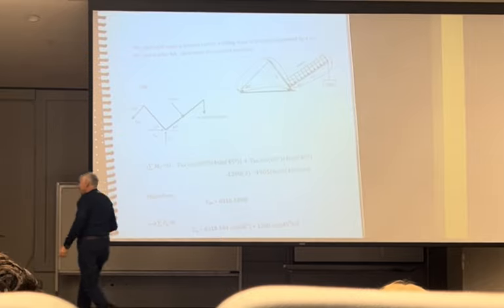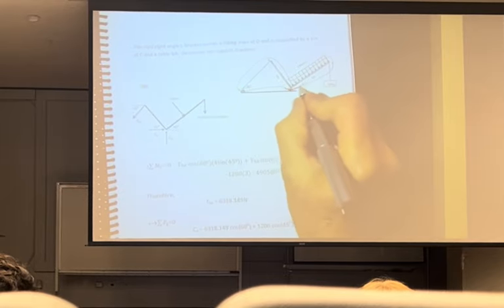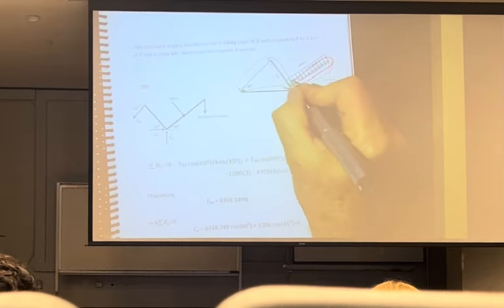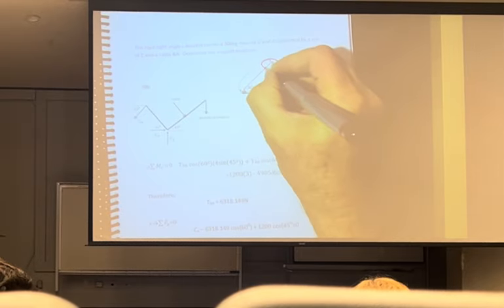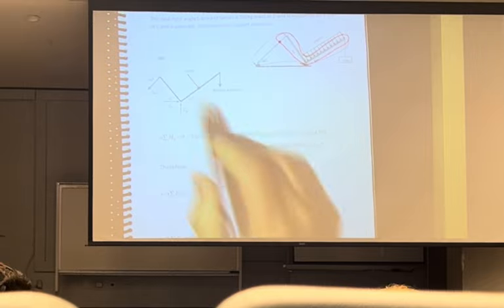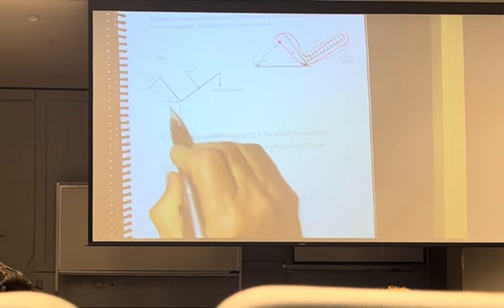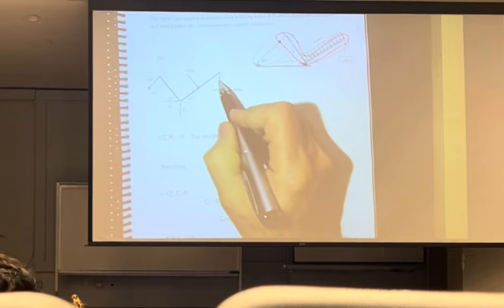So instead, this is my free body diagram. I'm going to cut through here, cut through there, cut through here, come around, and cut through the cable and back. So now you can see my free body diagram over here. I cut through the pin, CX, CY. I cut through this cable, that's tension.